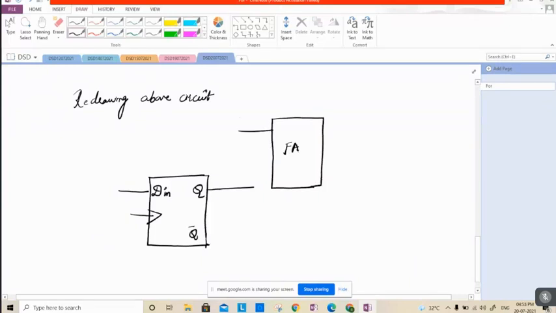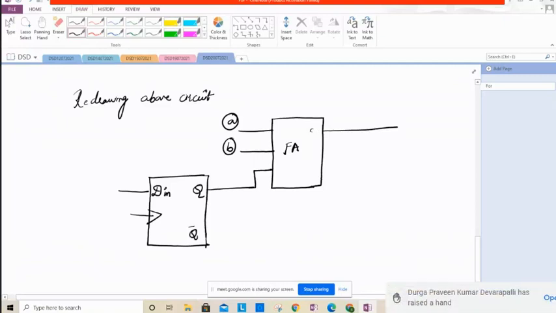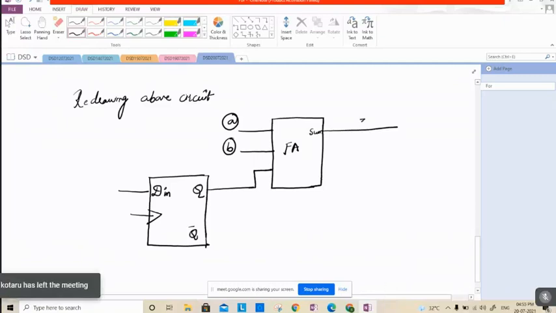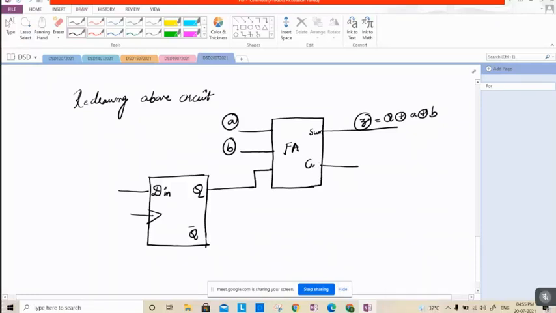This is a full adder block for which the inputs are A, B. What will be the third input for this full adder? Q, right. From this sum, which is Z, equal to Q XOR A XOR B. Here I will also get the carry, and this carry is to be given to D in, right? Any confusions on this?